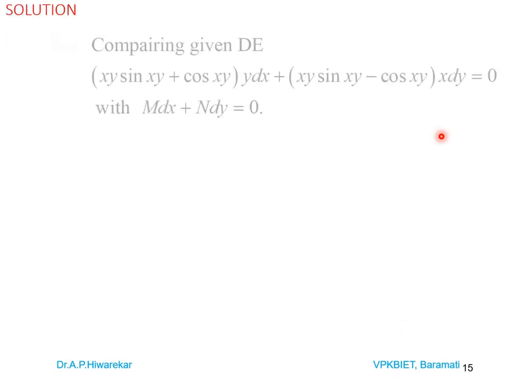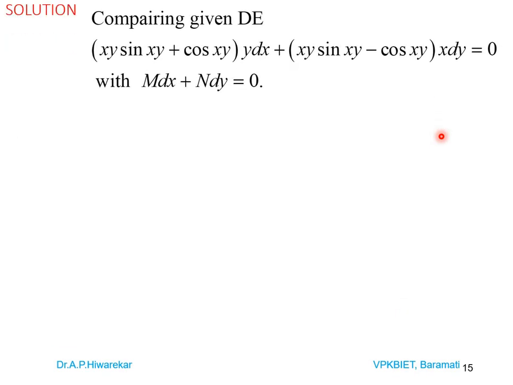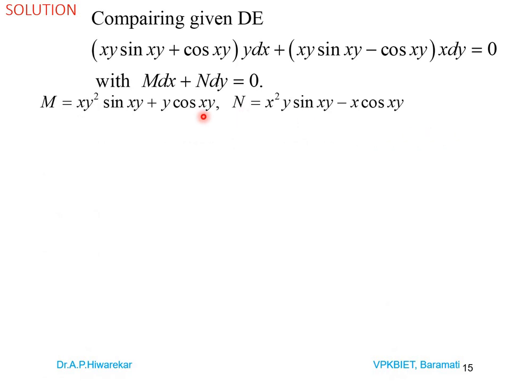And we can easily observe that it is not exact. You can easily find the values of M and N. You can find ∂M/∂y and ∂N/∂x, and you can easily verify that they are not equal. Means the given differential equation is not exact.